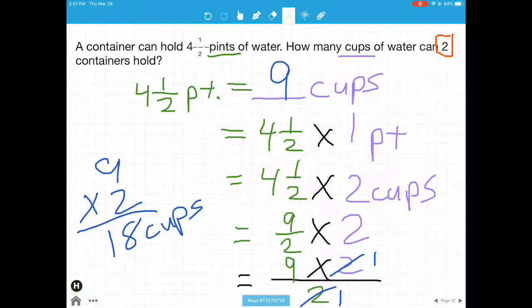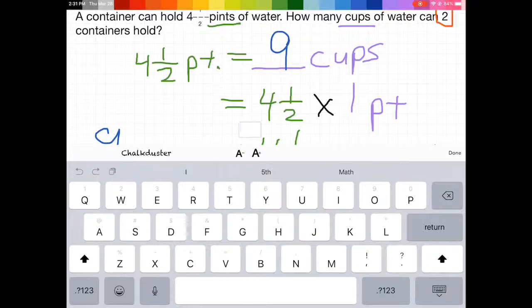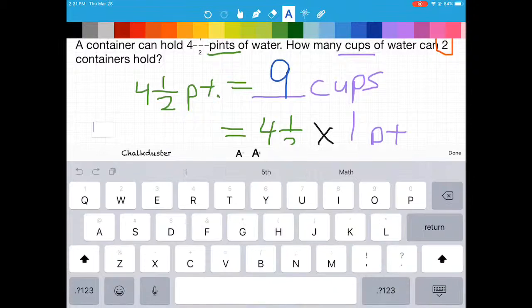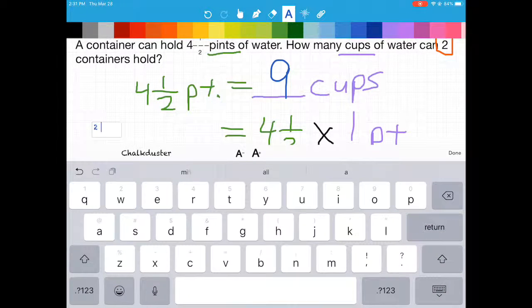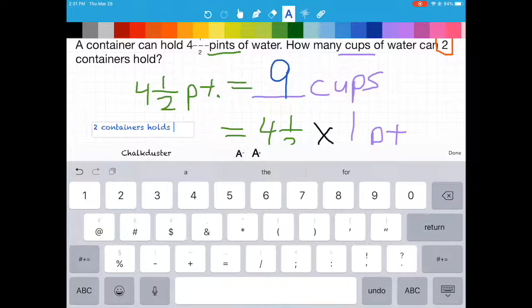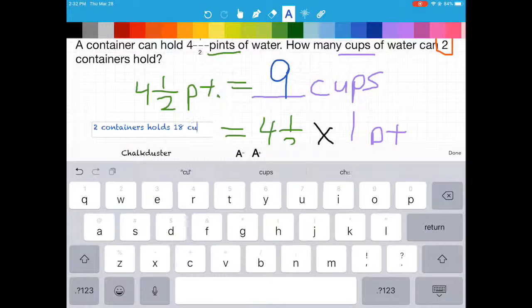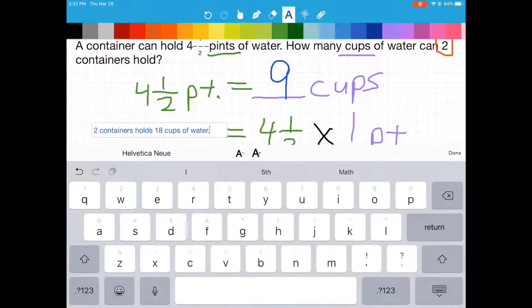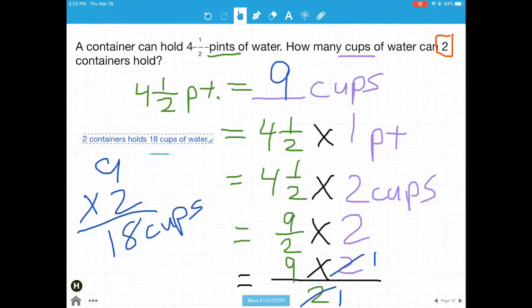So our sentence will say, two containers holds 18 cups of water. Okay?